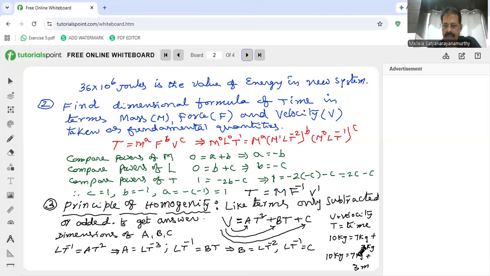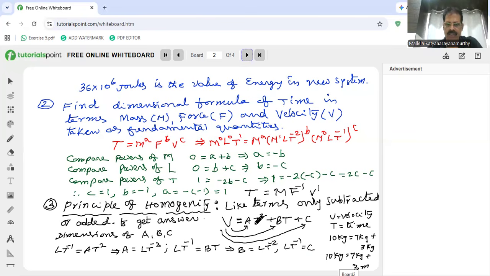We can't add 7 kg plus 3 meters to get 10 kg. So my intention is what the principle of homogeneity tells: whatever units are on the left hand side, every quantity on the right hand side has the same unit. Then only you will get the answer. So I will use this principle of homogeneity to do this problem.